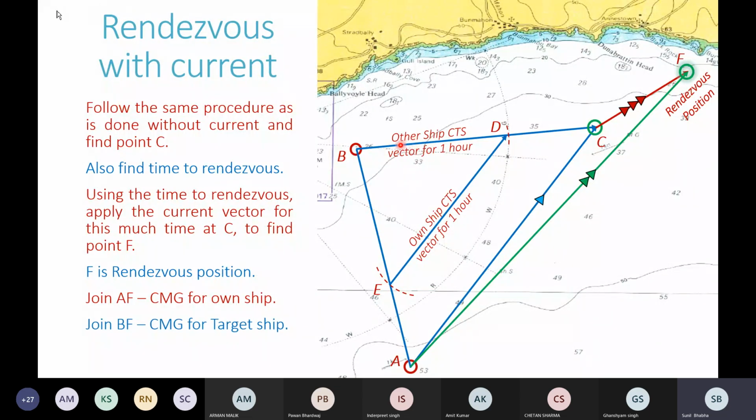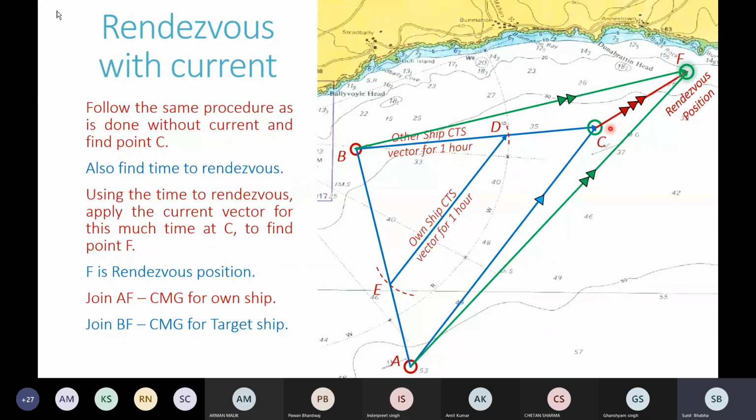Similarly, if you join Bravo to Foxtrot, B to F, let's join it. So we have this line Bravo Foxtrot here on the plot. Now this line Bravo Foxtrot is basically the course made good by the target ship. If you remember, Bravo Delta was the course steered by the target ship.